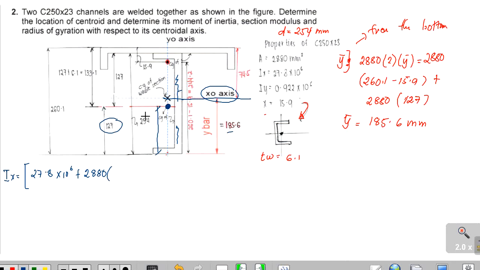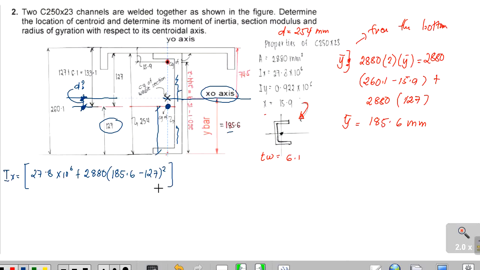We need the distance between the centroids: the centroid of the C section from the centroid of the whole section. So what is that d? That is 185.6 minus 127, squared.